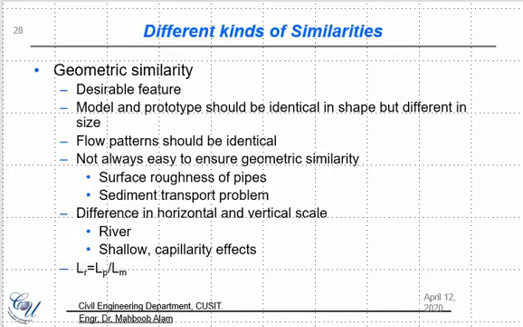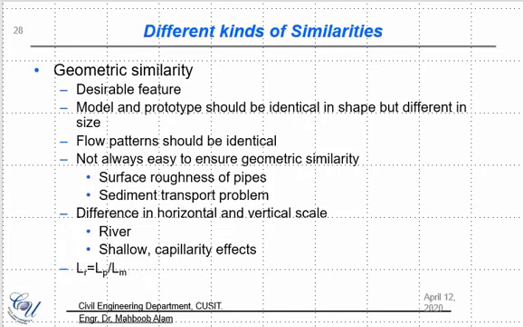Then another problem is difference in horizontal and vertical scale. Let's say you are making a model of a river which is 200 kilometers long. If you now decrease your river from 200 kilometers to 2 meters, then what are we going to do with the depth?